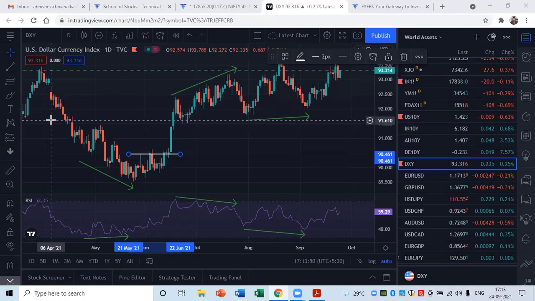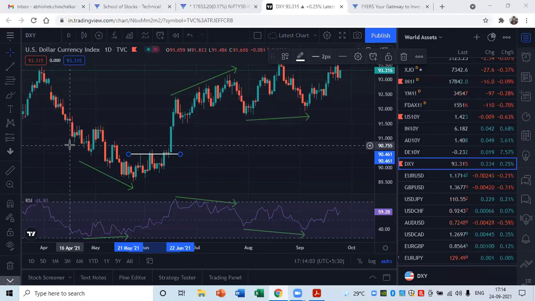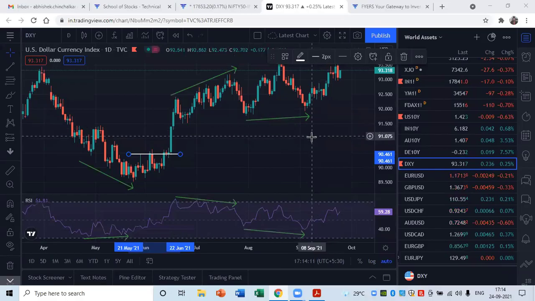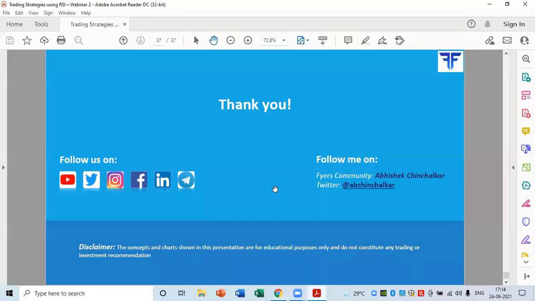There are certain aspects, like hidden divergences and RSI zones, that are not well known, but once you understand how to properly use these vital aspects of RSI, you could spot some great trading opportunities once you learn how to use these tools. So that was what I wanted to talk about in today's webinar.